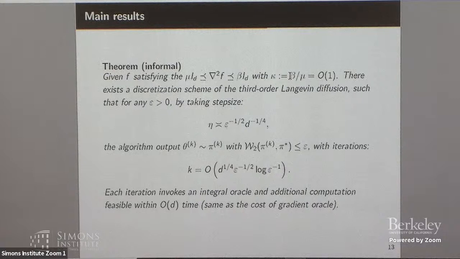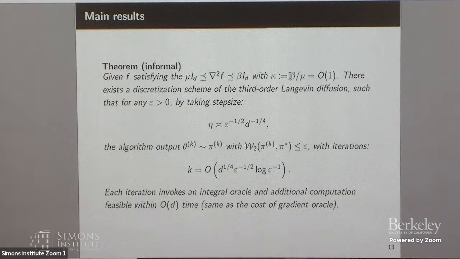As I just said, if your function satisfies such nice things with condition number bounded by a constant, there exists a discretization scheme of the third order Langevin diffusion that I just described, such that if you take step size to be epsilon to the 1/2 d to the minus 1/4, you get this d to the 1/4 mixing time.